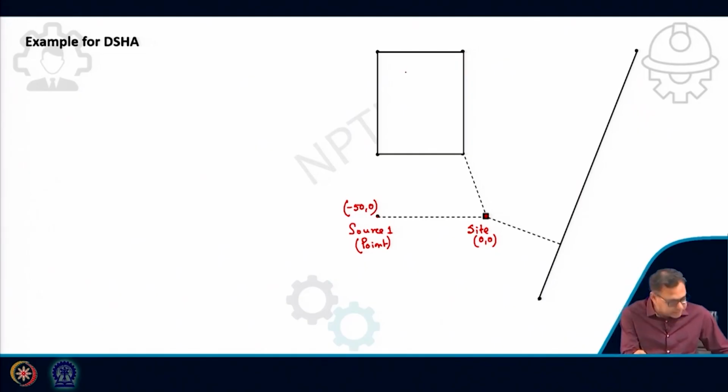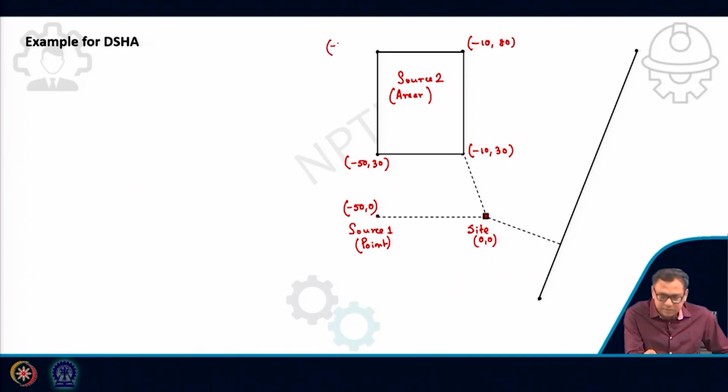The second source, source 2, is an area source whose coordinates are minus 10 kilometer, 30 kilometer; minus 50, 30; minus 10, 80; and minus 50, 80.